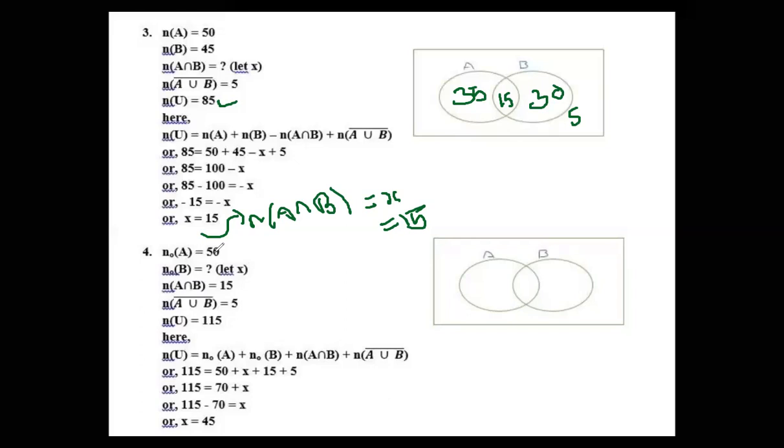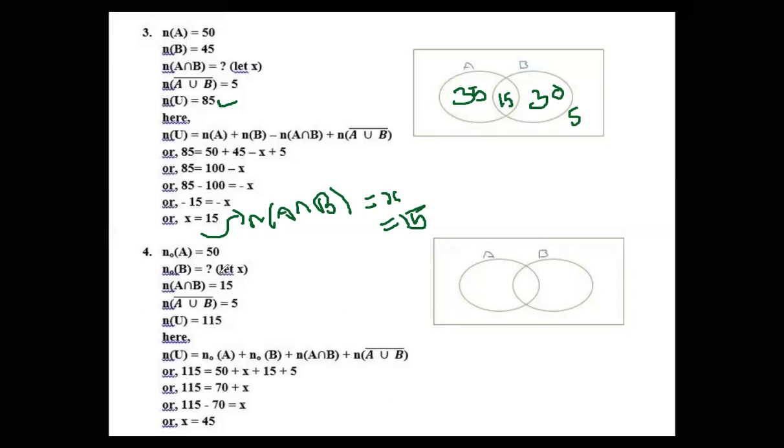So only A is given, 50. Only B is not given, so let us suppose this is X. Intersection is given, and complement is given, 5, and NU is also given now. If there is only, what will be the formula? There should be the plus in intersection. So let us put the values. NU is how much? 115 is there.